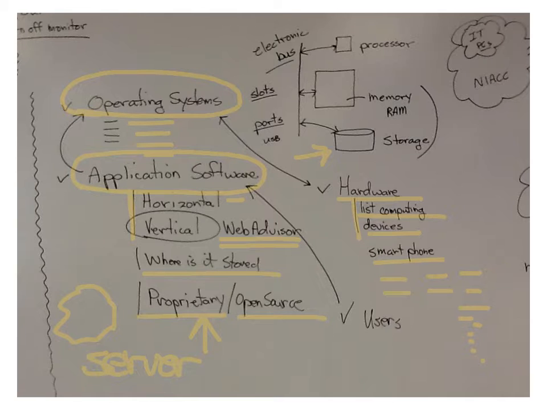Next thing, I'll use a different color. Next thing we said, so what about users? How do you compare the users, operating system, application software, and hardware? What is the link between them? And I told them to draw a picture. I also made it easier.